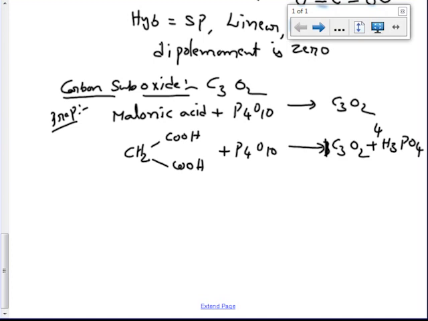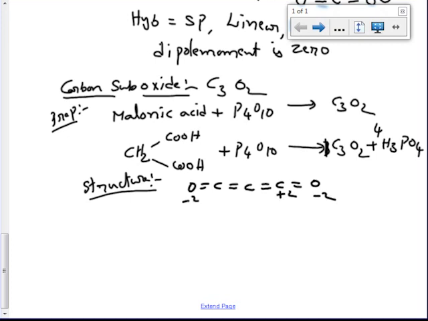It is a tribasic acid. Most important is the structure, as in the 11th standard redox chapter, in the last page. The structure is like this. The oxidation state of oxygen is -2, this carbon is +2, this carbon is +2, and the central carbon is 0.